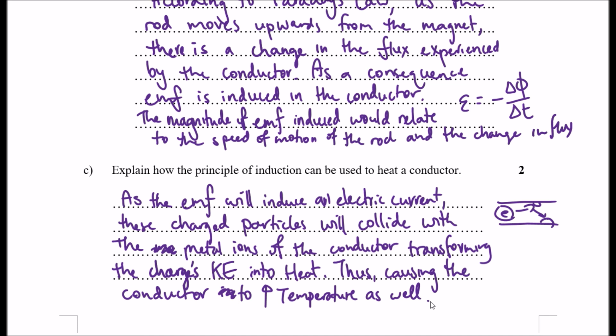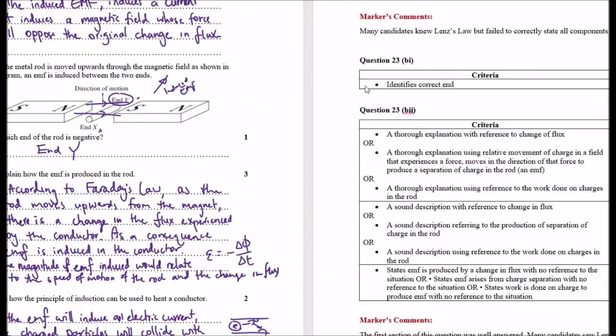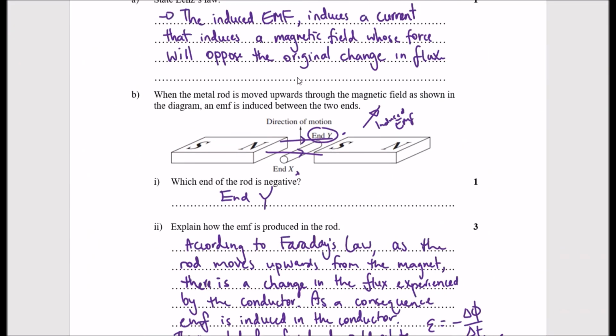Okay, so that concludes our little summary section for this past paper question. So I did cover a few points. One was Faraday's law as well as Lenz's law, and then also what we can talk about with electromagnetic induction and heating in conductors. So I'll just zoom back to the questions that we have here.